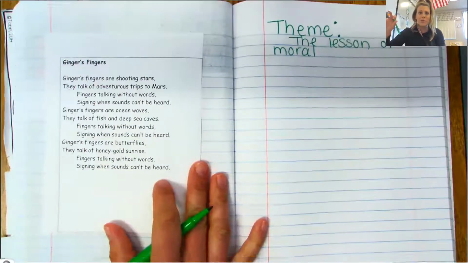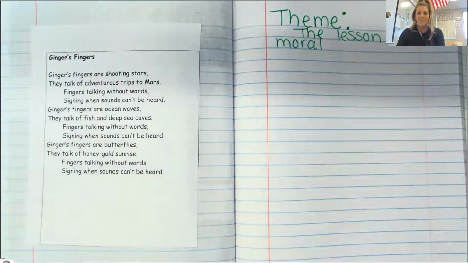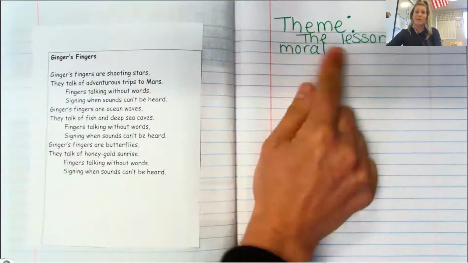Okay, now before we start, I just want to say, when we read poetry, we have to be deep thinkers. Sometimes poems are a little crazy and they use that figurative language, and sometimes it's easy for us to figure out, sometimes it's hard. So we have to really dig deep to figure out what they're talking about, what those metaphors mean, and then what the theme is.